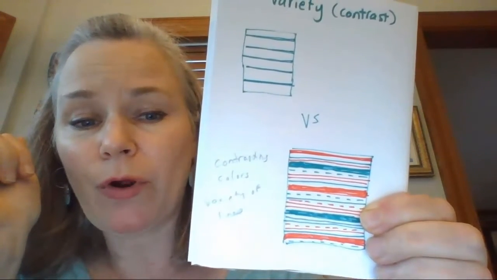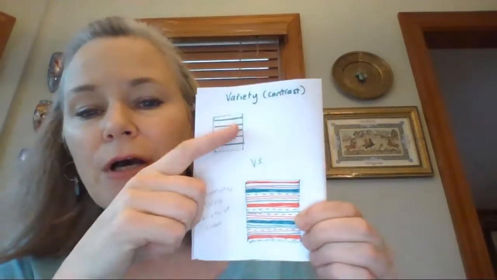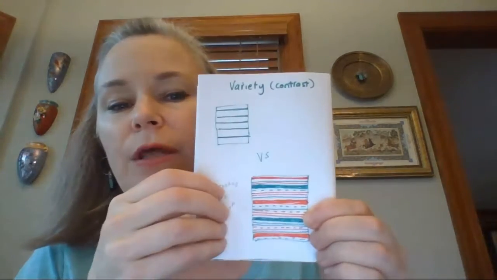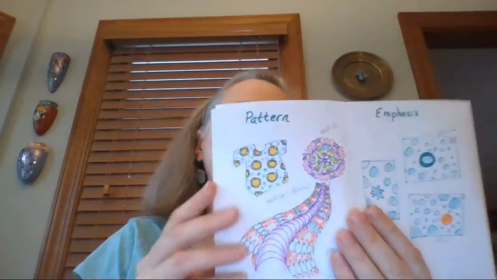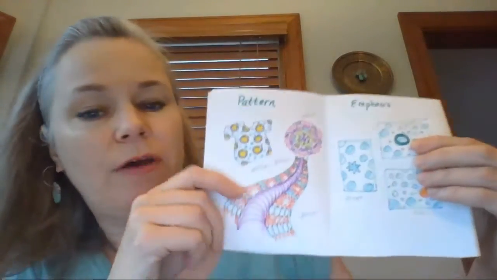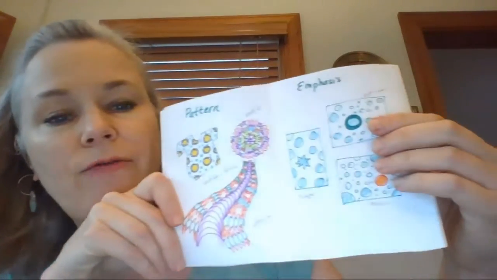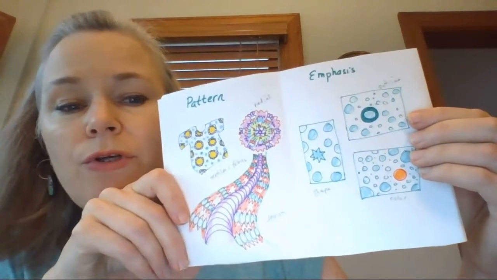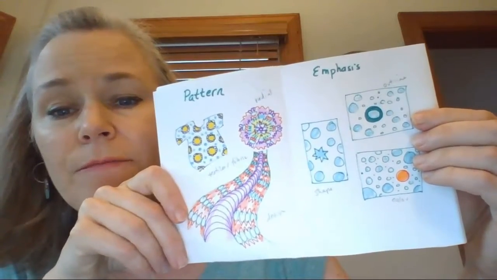So those are the 3 that we're going to focus on today. And again, I don't expect you to copy what I did, but I want you to think about variety. Maybe draw something that would be an example of variety in your mind. And then again, going back to these other pages, drawing something that makes you think of pattern, maybe a pattern that you see or a pattern that you've made up. And then what kinds of ways could you incorporate emphasis? What would you do to emphasize something that you want folks to notice in your art?